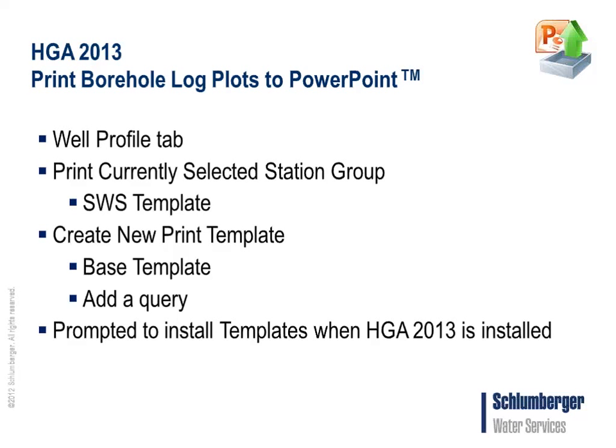You start off with a base template that has a holder for the image for your BHLP, and then you have the option to add a query, and this allows you to specify from the database what other information you want on your BHLP print template. Do you want things like the elevation and the top of casing and the coordinates, or is that not really important for your template? So you can totally decide on that, and I'd be happy to show that after the presentation as well.